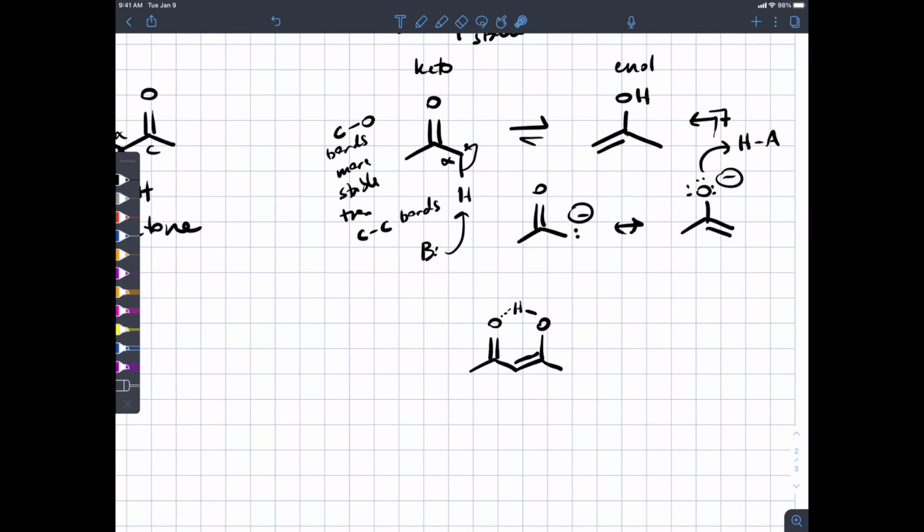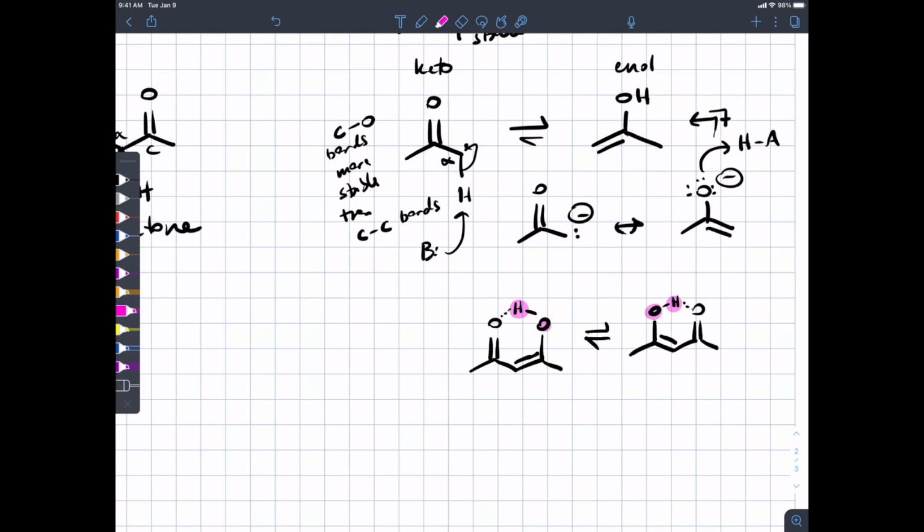And some people would even argue that what I'm about to draw is not an equilibrium structure, but is instead a resonance structure of the other compound. In other words, some people think that this is an equilibrium where this proton belongs to this oxygen and then gets traded to the other one.